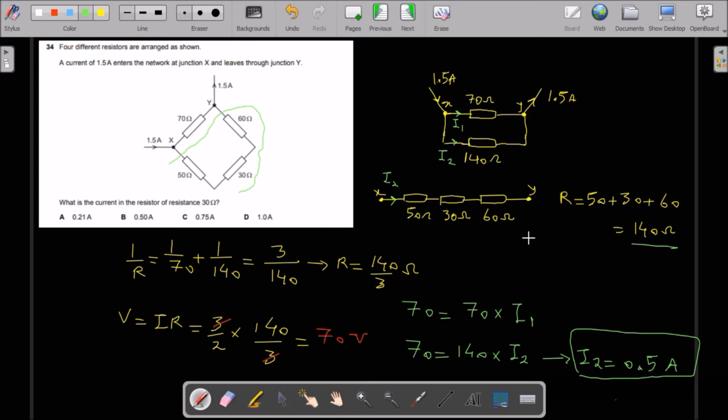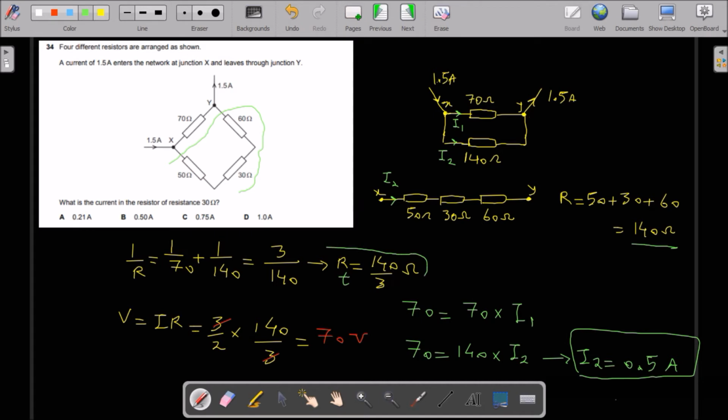Then, if I connect the 2 ends of the 140 to the 70 ohm, I can see that now I have 2 parallel resistors. I can use 1 over R equal to 1 over R1 plus 1 over R2 to find the total resistance of this circuit, which is 140 divided by 3.